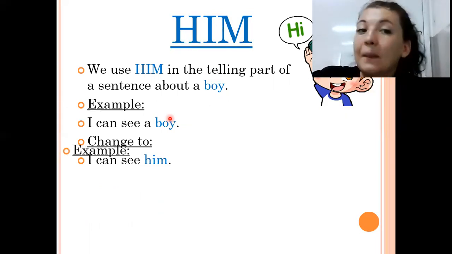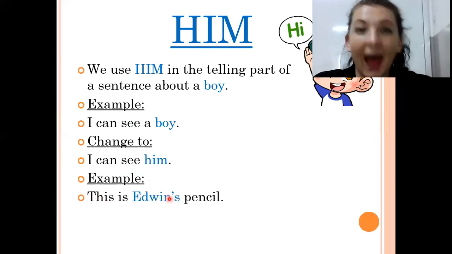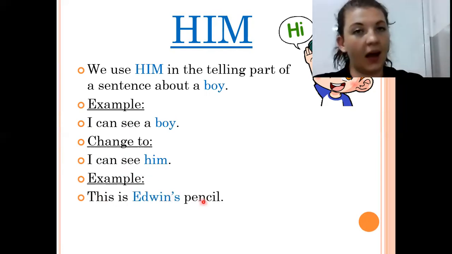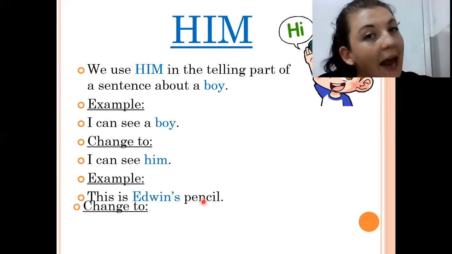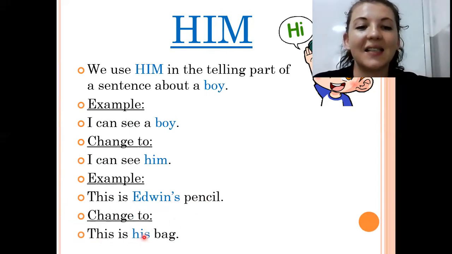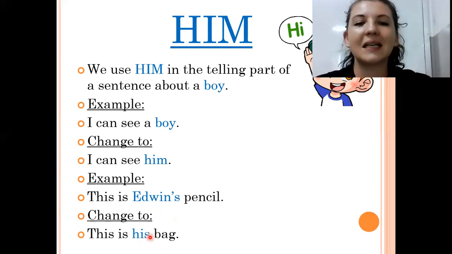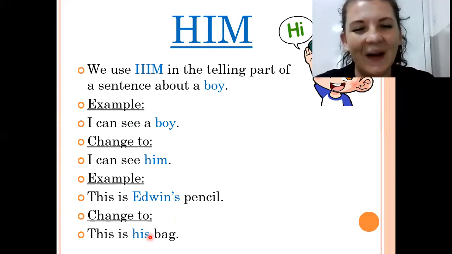Let's look at another one. This is Edwin's pencil. We will change Edwin's name to his. This is his pencil. Okay.